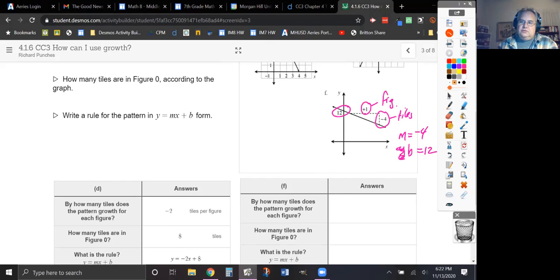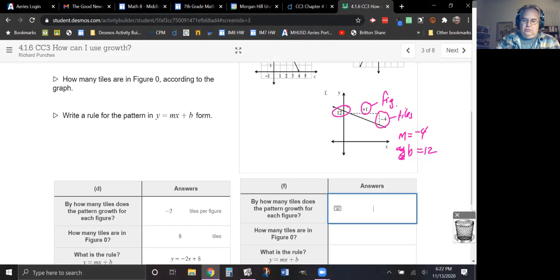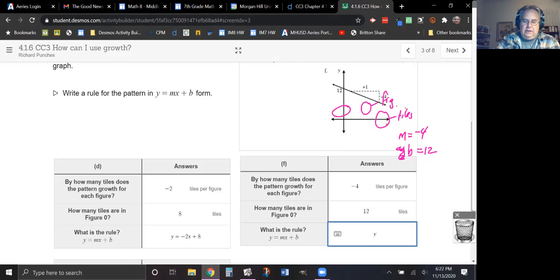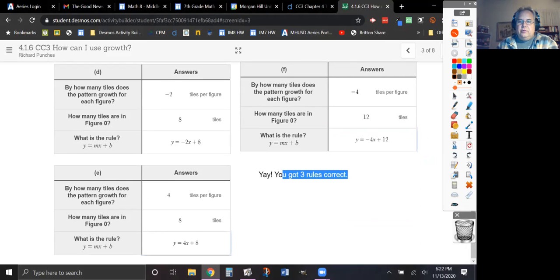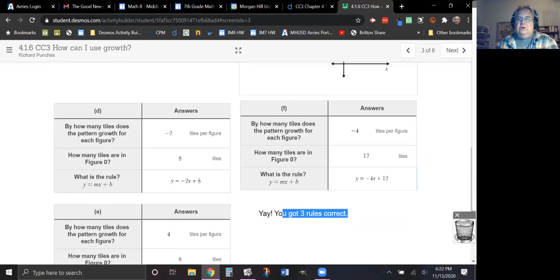So I can then put those values into my table, and I will say that the growth rate is -4. It starts at 12, and y equals -4x plus 12. And that gets us our third correct answer. So we've just got 6 in a row.